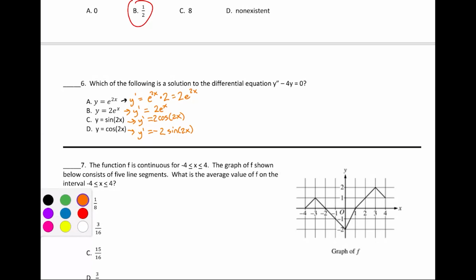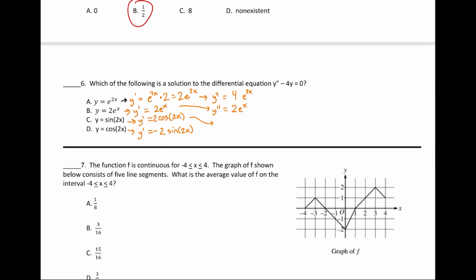Oh, wait, it says y double prime, so we actually have to find the second derivative here. So y double prime for the first one is going to be 2 times e to the 2x times another 2. 2 times 2 is 4, so I'm just going to simplify this here and now: 4e to the 2x. If y prime is 2e to the x, the derivative of that is just going to be 2e to the x.